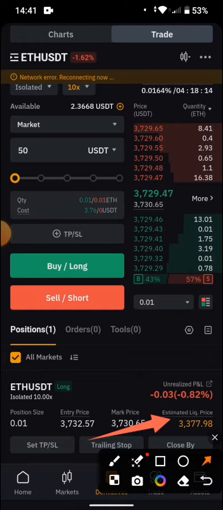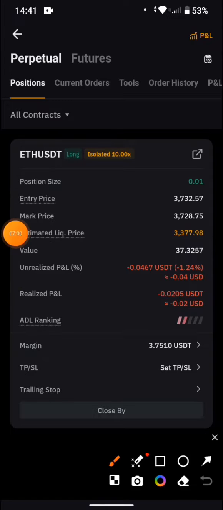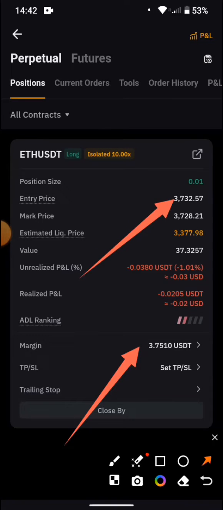Alright? Your account is going to, the money which you put, this $3, if you press, you are going to see this amount. You are going to see your margin. This one here is the margin. So in case you are saying the price of Ethereum is supposed to go up, but it drops to your liquidation price, from 3,732 that you entered, it drops to $3,377.